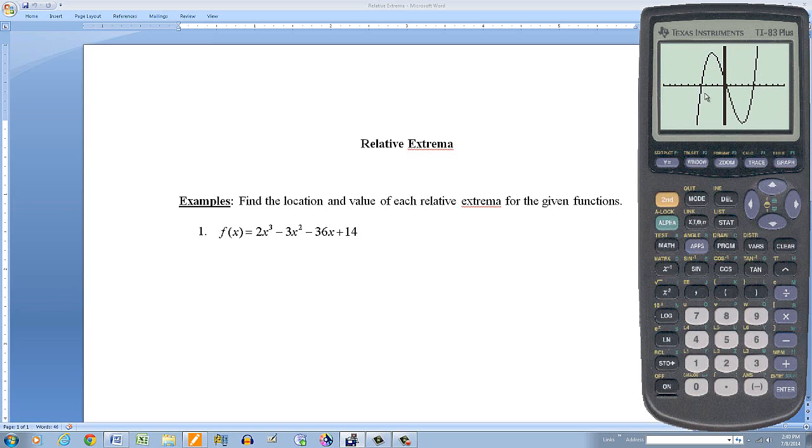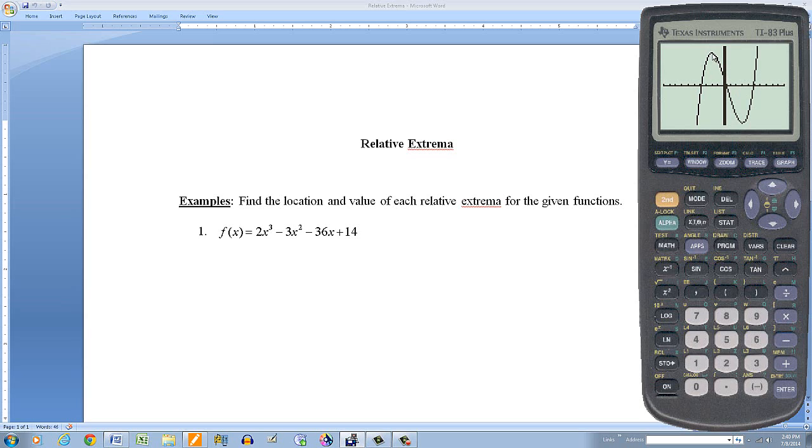So notice that the tangent line, if I look at this particular point to the left here, goes this way, which means positive slope, which means the derivative is positive to the left of this particular point. To the right, the tangent line now goes this way. That has a negative slope. Okay, so this point right here is called a critical point.